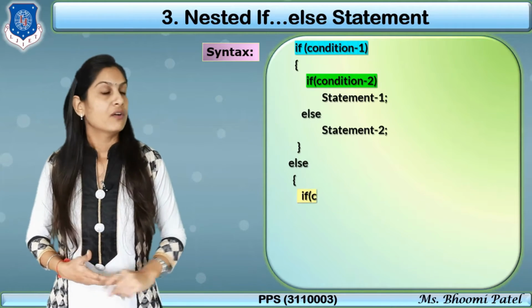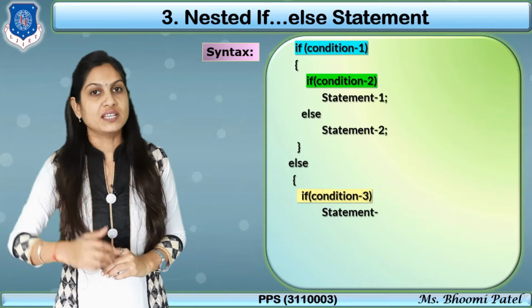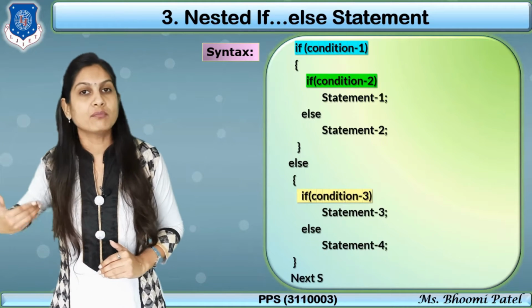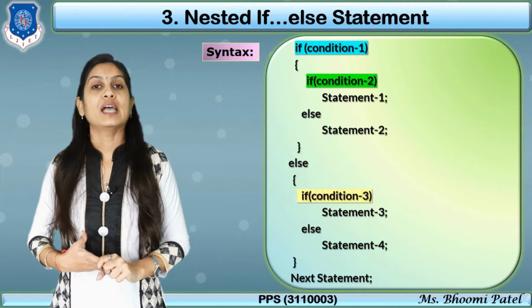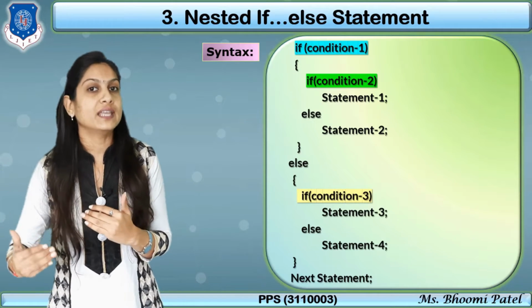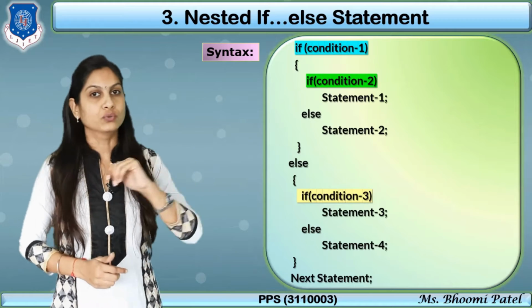Syntax is the same. First we write the if, and a condition is there, but now nested if else consists of more conditions. So we put condition 1. If this condition is true, then again we go into an if and check the second condition, condition 2.